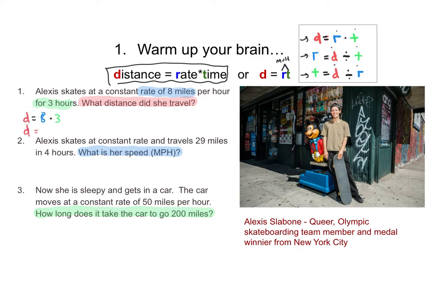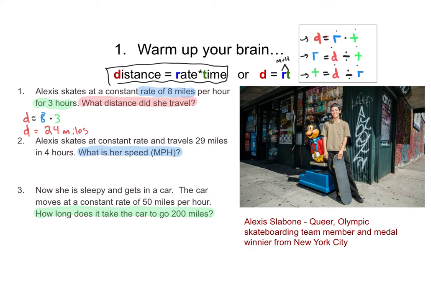I set up distance equals our rate of 8 times our time of 3. And so I got that our distance equals 24. So she traveled 24 miles. Don't forget those units.